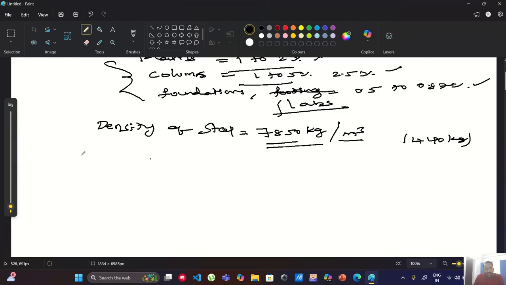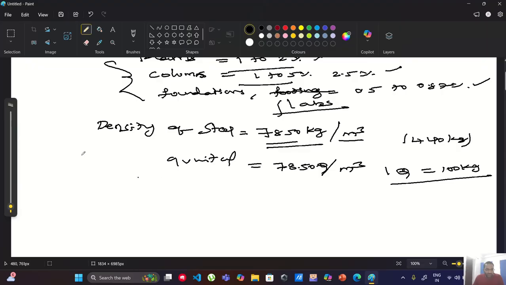In the market the rate is not per kg. In the market the rate of steel is always in quintals, so we have to convert this to quintals. Per cubic meter it is 78.50 quintals, since 1 quintal is equal to 100 kgs.